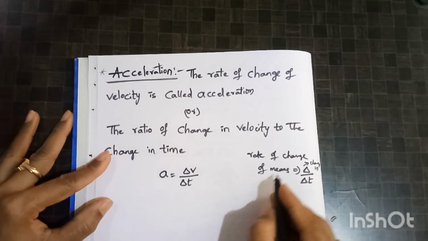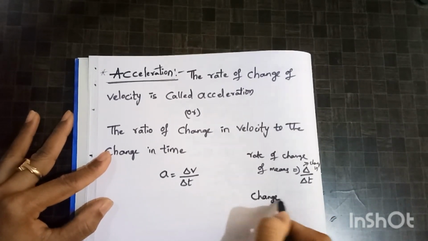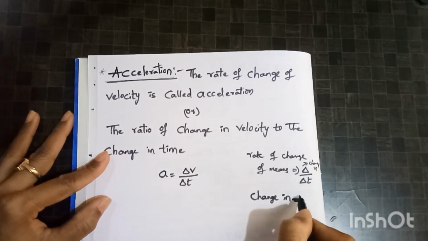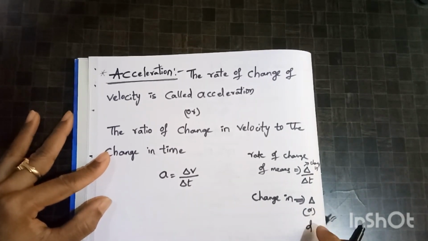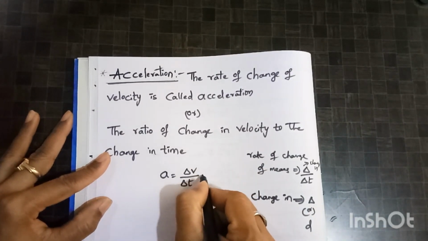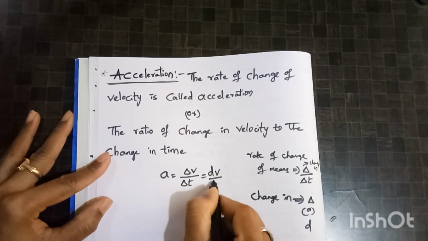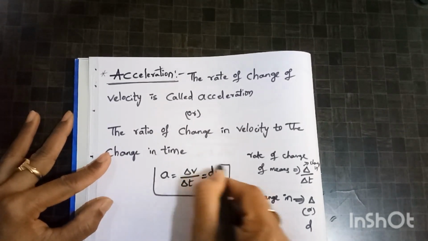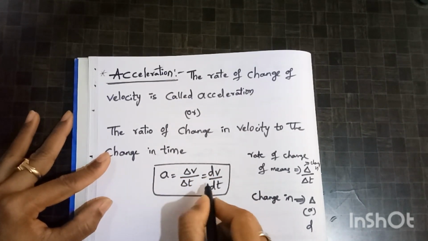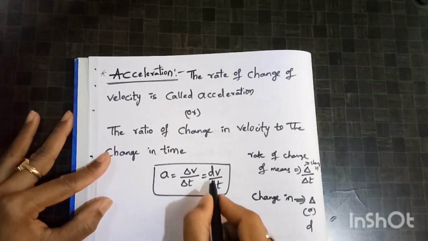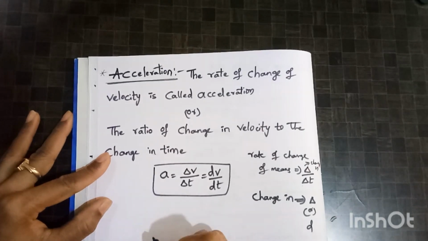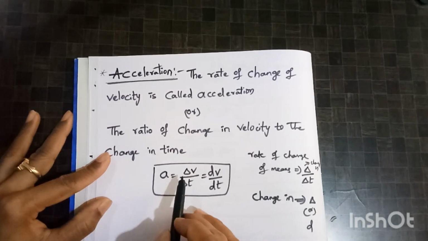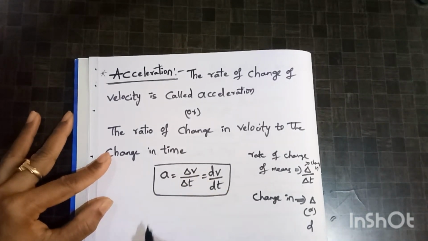We can denote change in as delta or d, so it can also be written as dv by dt. So a equals delta v by delta t or dv by dt.